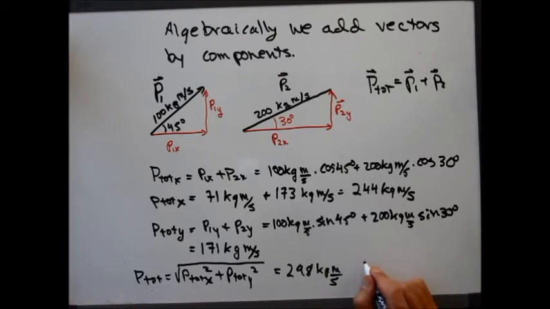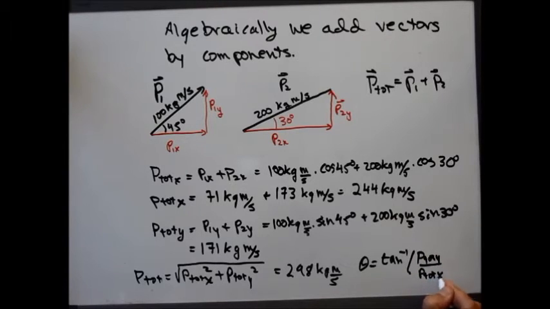And to get the direction, I say theta is equal to tan inverse of P tot y over P tot x, right? And so that's 35 degrees.